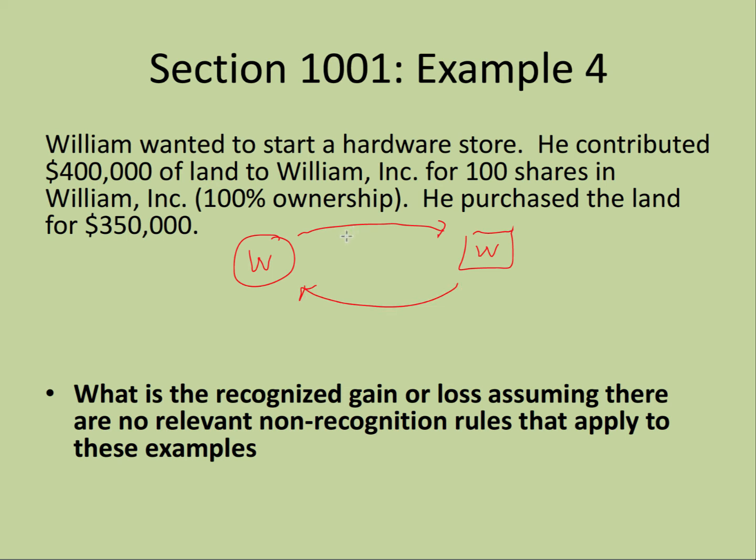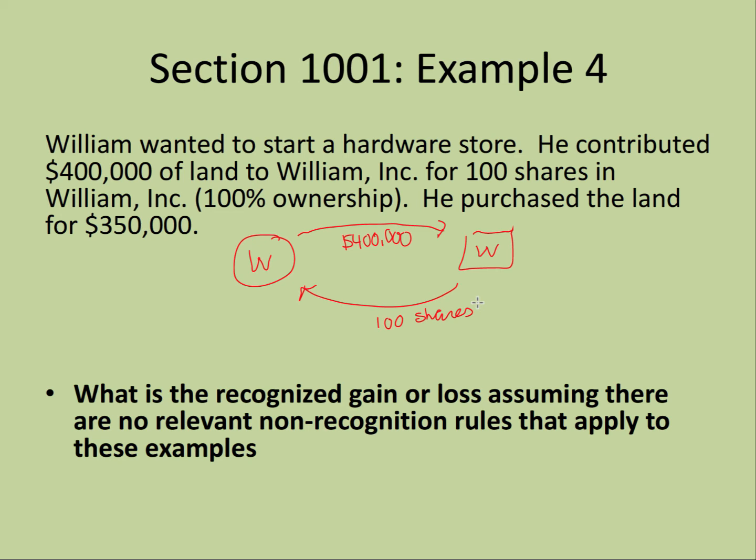William transfers $400,000 of land, and in exchange, William Corporation, William Inc., right, transfers 100 shares. This is the only asset that William Inc. now has. So what do you think the value of those shares are?